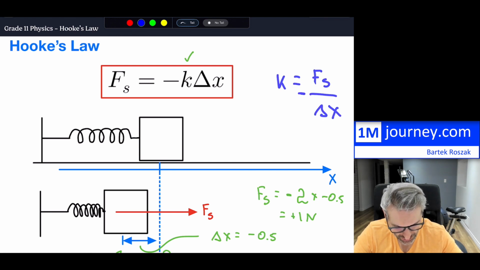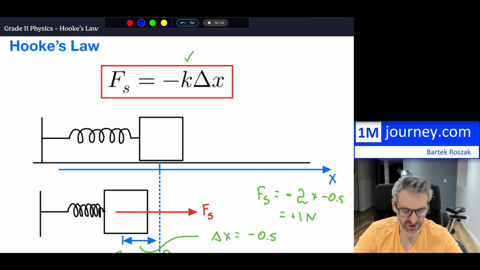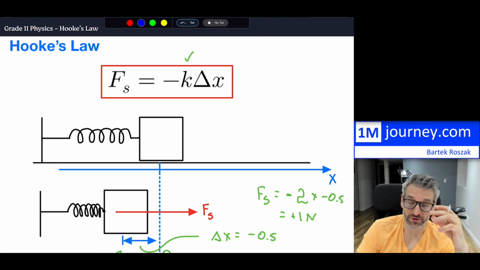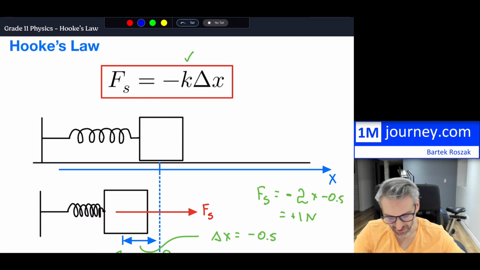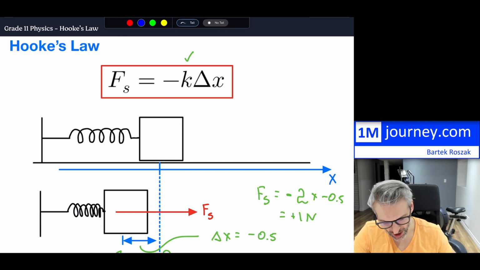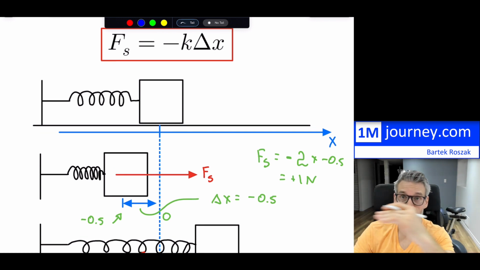And sure, you can put the negative in there if you like, just to make sure that it's going to be the correct constant k within here. But please keep in mind that the constant k is positive. So there you have it. That's kind of how Hooke's law works, okay? And this is in the x direction because typically that's how it might be defined.